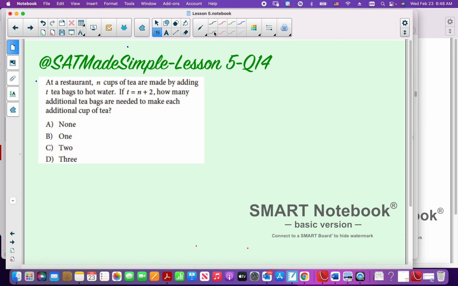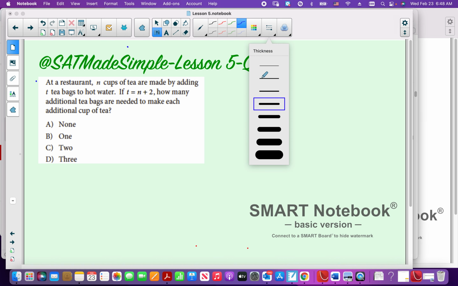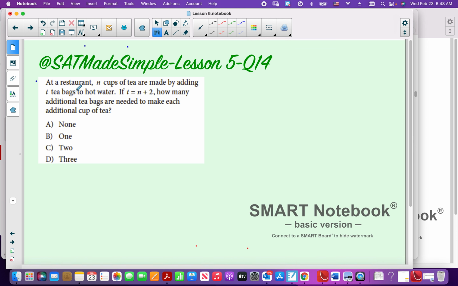Equation that relates the number of tea bags to the number of cups of tea made: T is equal to n plus 2. We need to know how many additional tea bags are needed to make an additional cup of tea.